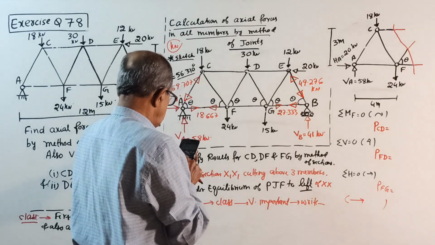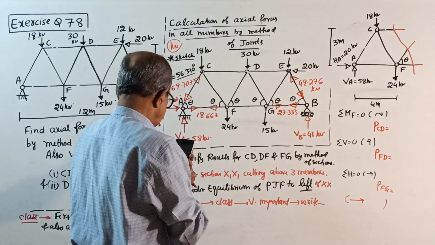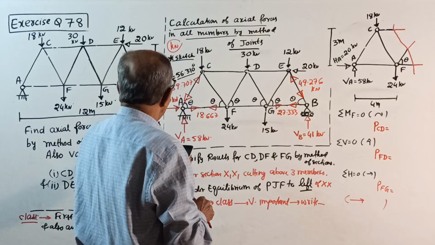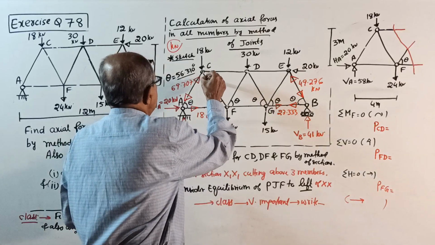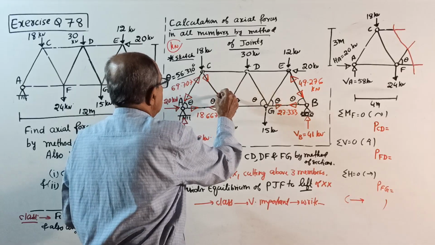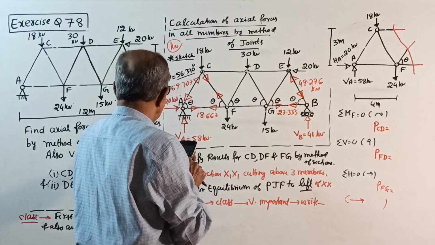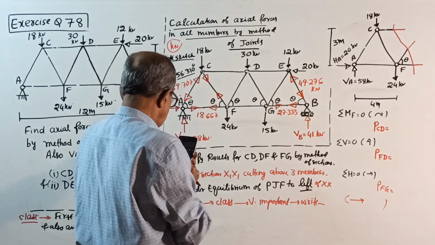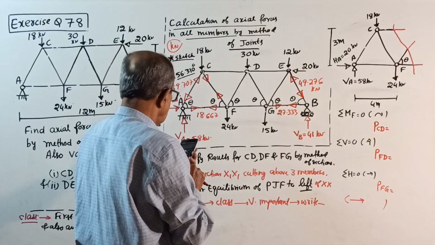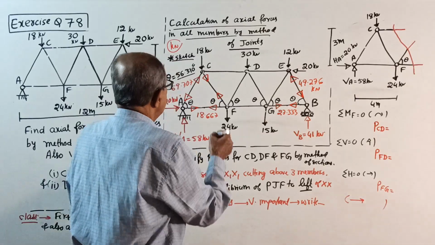69.707 into sine 56.31 is 58, up, down. Minus 18 divided by, once again, sine 56.31, 48.074.